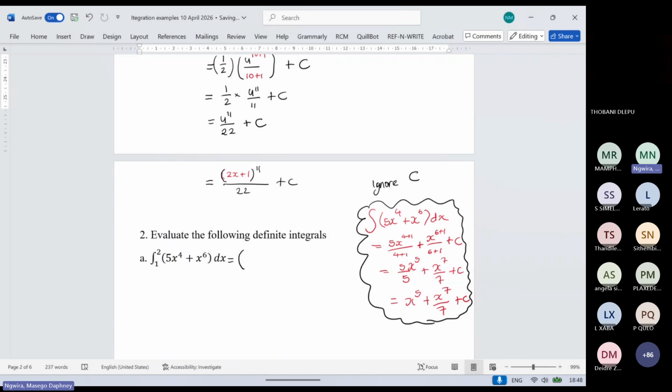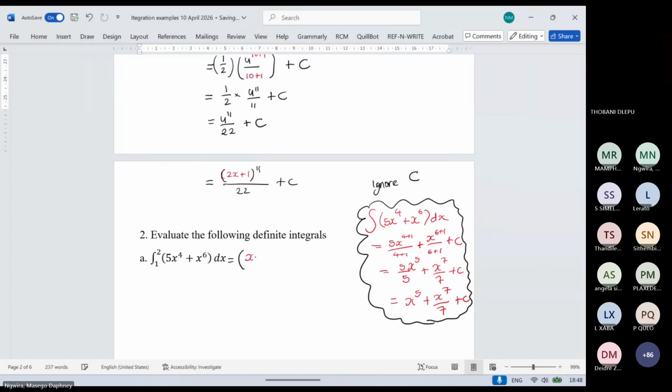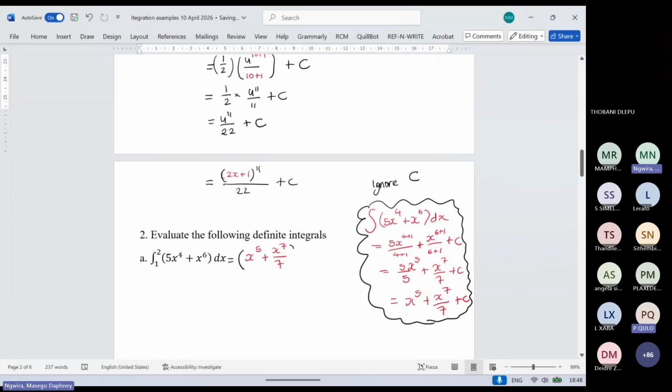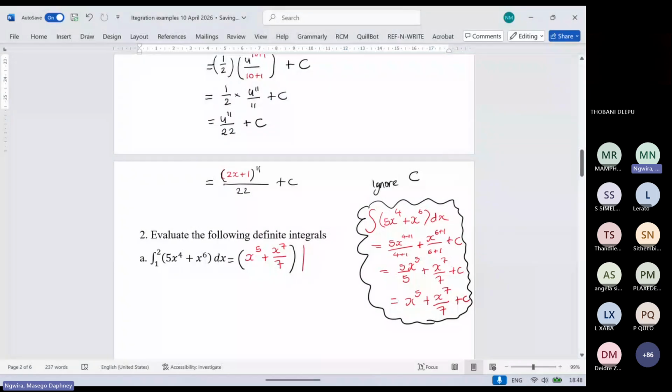So I am going to have x to the power of 5, then plus x to the power of 7 over 7. If you want to know, this is how I got my answer. I'm avoiding long steps. And then don't forget the limit. So this is from 1 until 2.